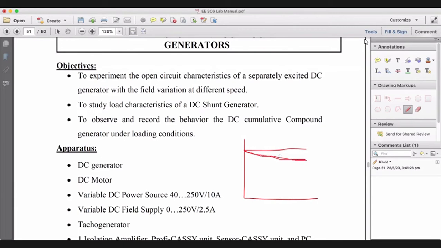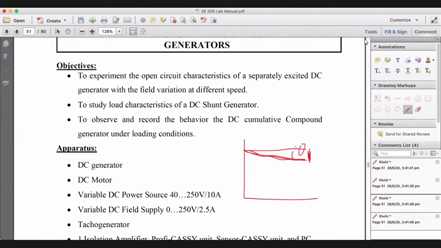Understand? This small portion between the ideal line and the actual one, the difference between these two, is known as loss. So the characteristic of the generator is this one, not the straight line but the curve.